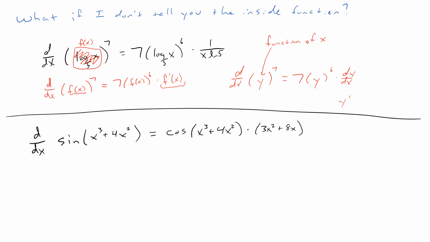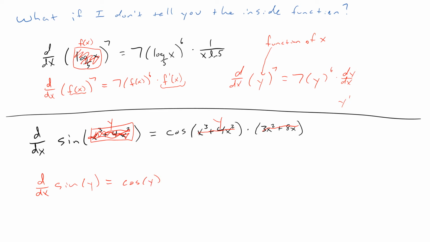In this second example, again, take this inside function and pretend like I didn't tell you what that inside function was. We'll just call it y. So if I want to do the derivative of sine of y, where y is some function of x, then I know that the derivative of my outside function is cosine, so I have cosine, and I leave the inside alone, cosine of y.